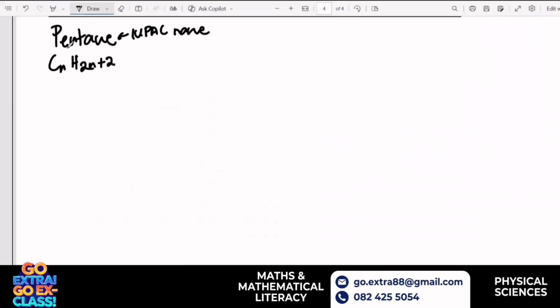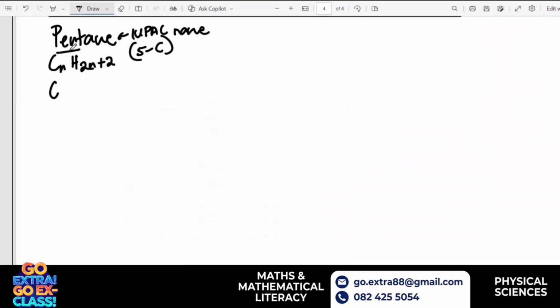So now, if we want to determine the molecular formula of pentane, remember pent means that the compound has 5 carbons. Pent means 5. So to determine the molecular formula, we're going to substitute for n, where n stands for the number of carbons.